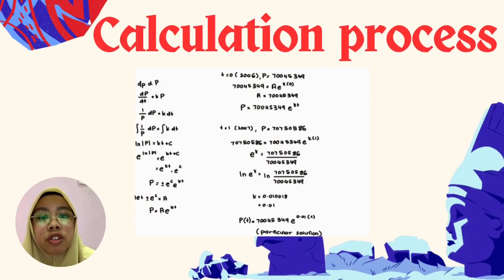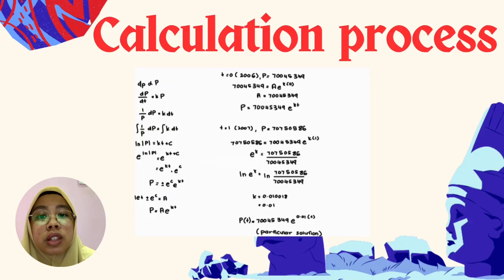Now I will explain the calculation process. The population growth can be represented by the first order differential equation dP over dt equals kP. This equation means that the rate of change of the population is directly proportional to the current population. Here, P represents the population, t represents time, and k is a constant known as the growth rate.